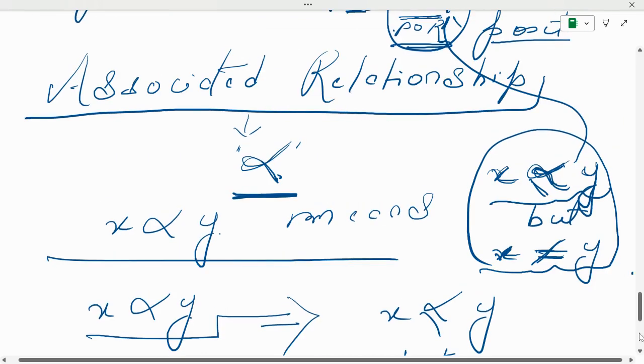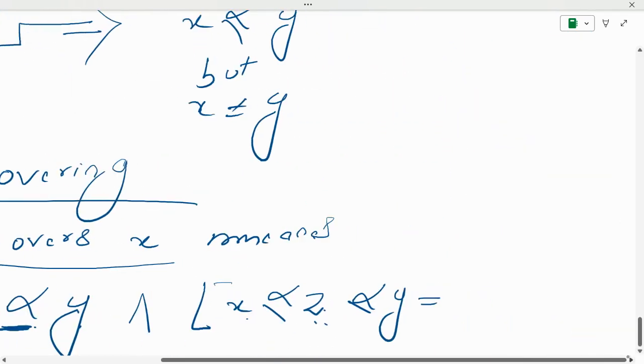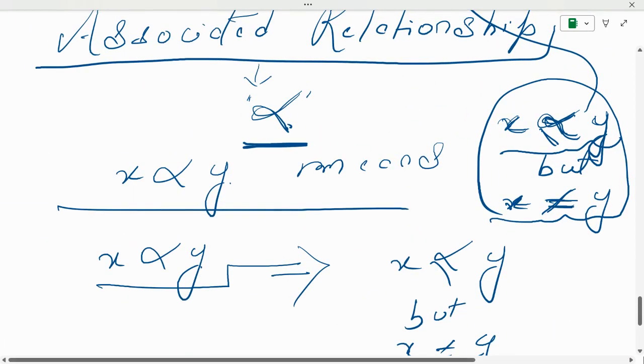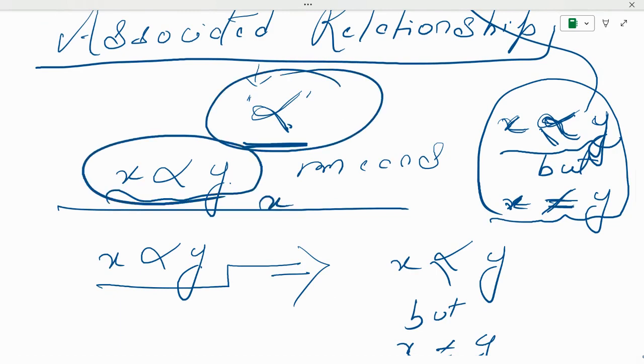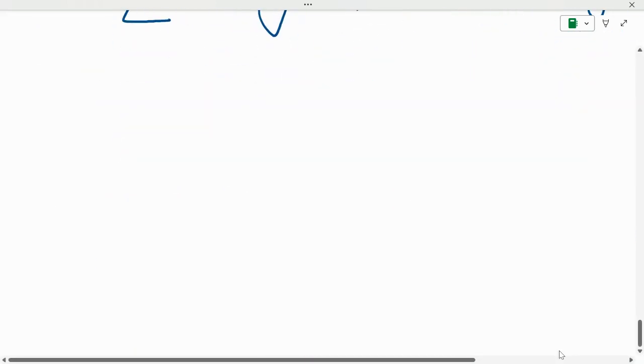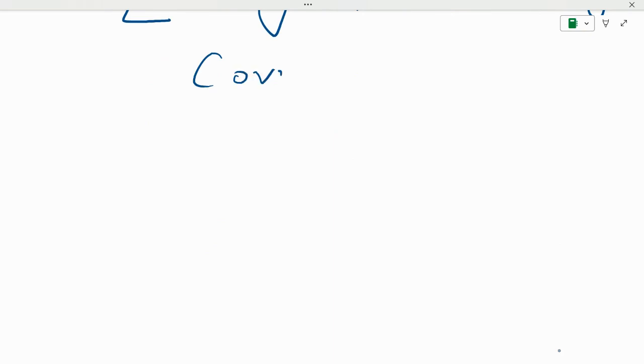That means X equals Z or Y equals Z. Now, what does that mean? We'll see, but first understand this covering part. I think the associated relationship is clear: X has an associated relationship with Y means X is comparable to Y and X is not equal to Y, these two conditions. Now for covering, we will see more about covering in Hasse diagram, but I'm just giving the introduction here.